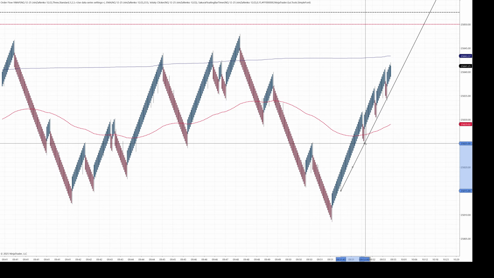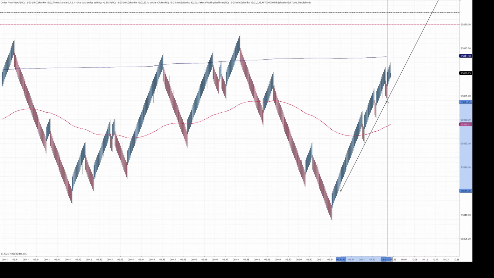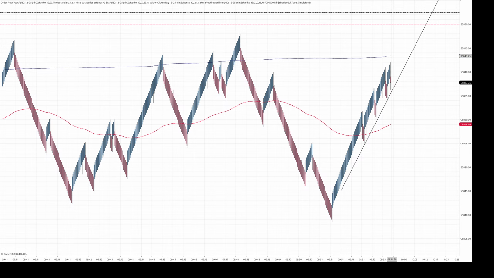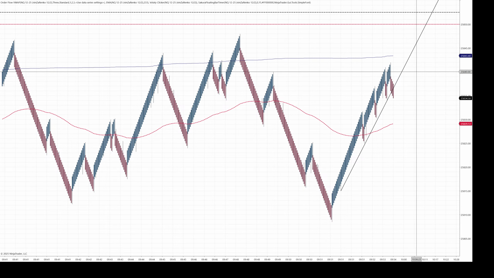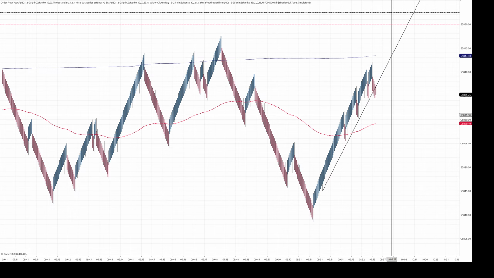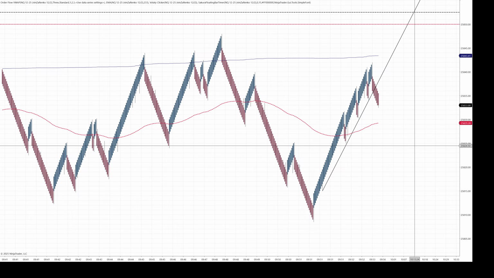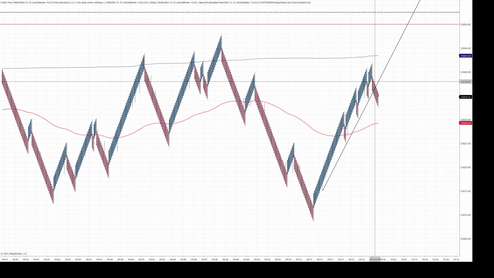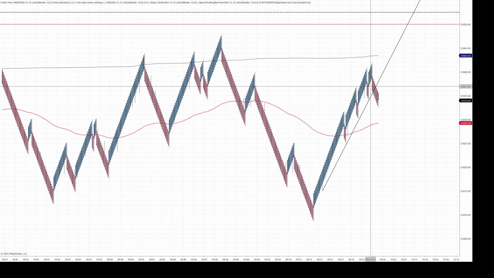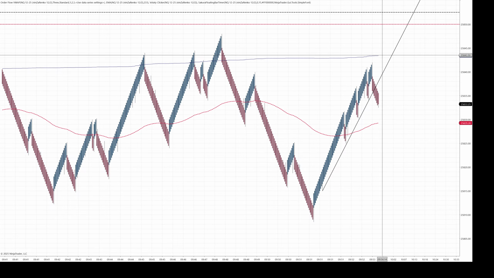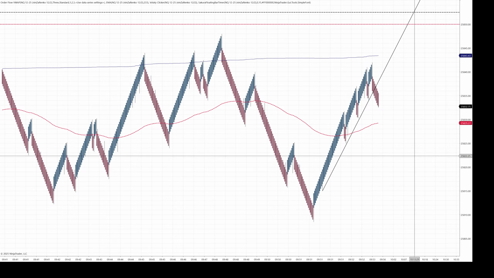So the next potential area where it could reverse is that standard deviation level up there. I think it continues to go up, retests standard deviation and comes down.